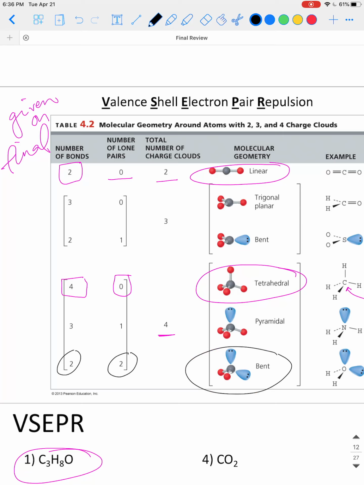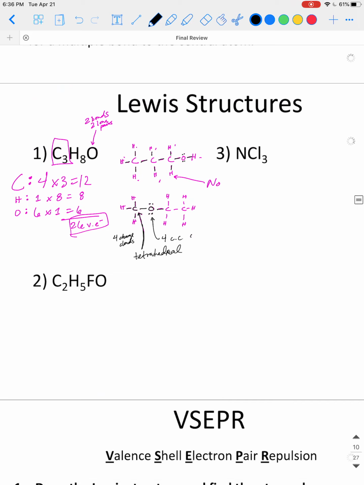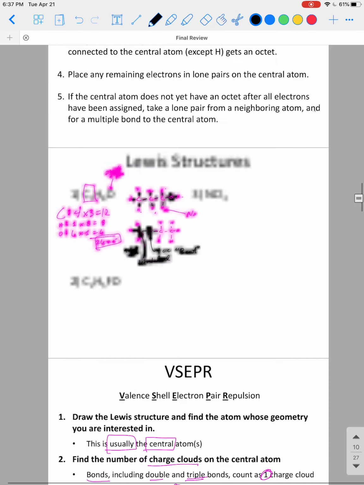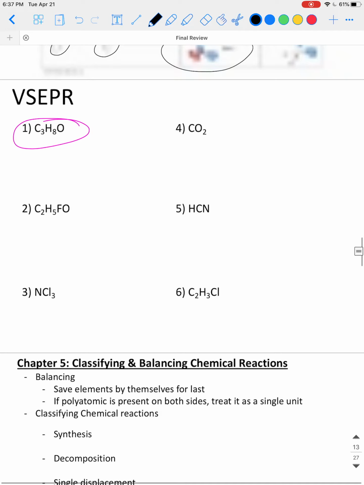What does that mean? 2 bonds, 2 lone pairs, it's bent. Okay, so this oxygen we would call bent. Alright, so just an example of how to name geometries. Be able to do that for the exam for sure.